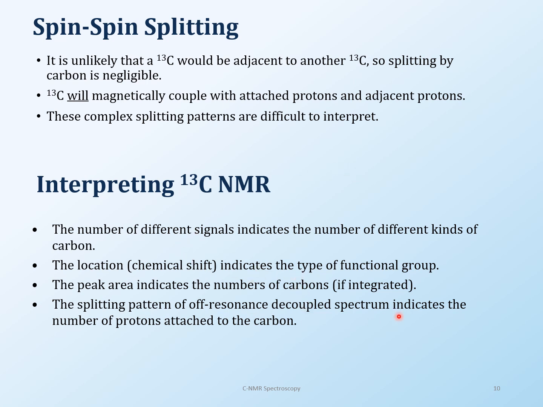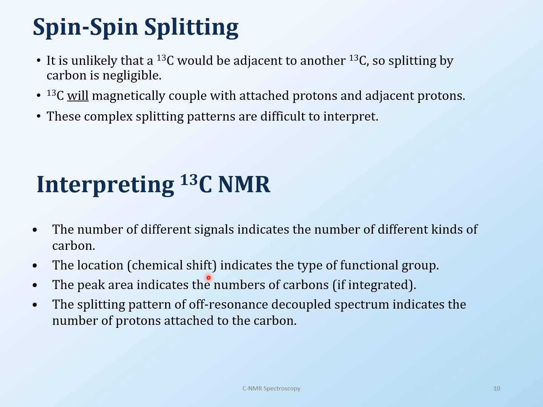So interpreting a carbon 13 NMR, I wouldn't say you take a guess, because you can definitely make a very good educated guess and come up with structures. If you have 5 signals in the NMR, then you know that you have 5 different kinds of carbons.